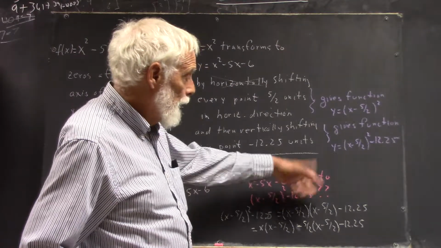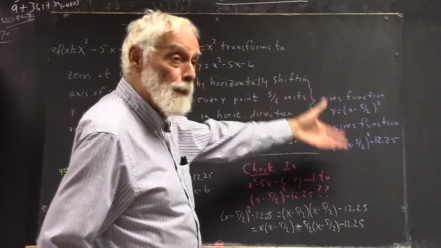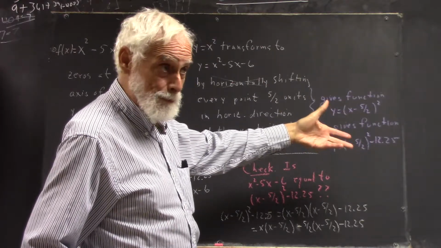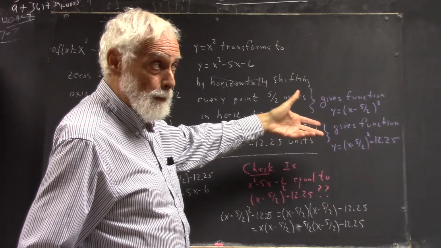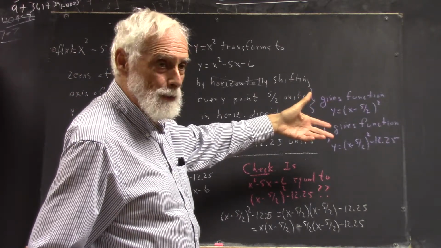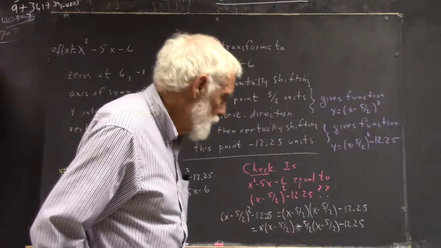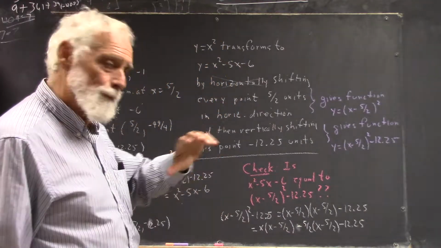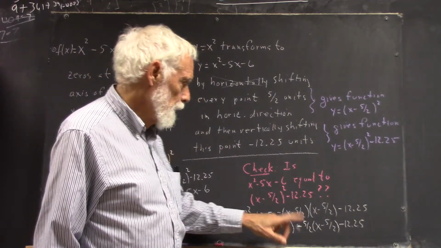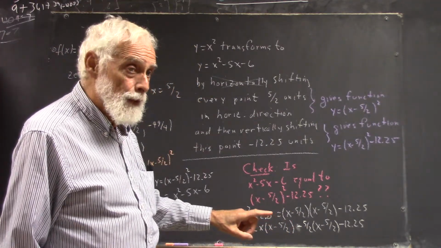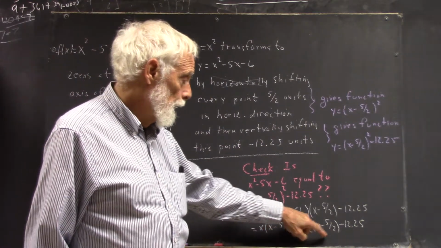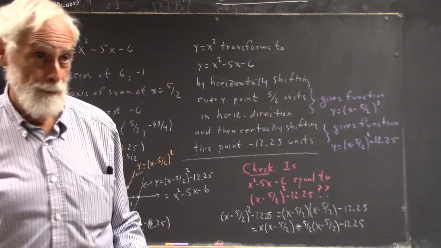X minus 5/2 times anything is x times that thing minus 5/2 times that thing. That's the distributive law. And you look a little dubious, so maybe we need to talk about the distributive law a little bit more, but let's assume you understand that pattern. I'm sure from the work I've seen that it'll come back to you quickly if you don't. Okay? But now go ahead and multiply this out and multiply this out and show me what you get.